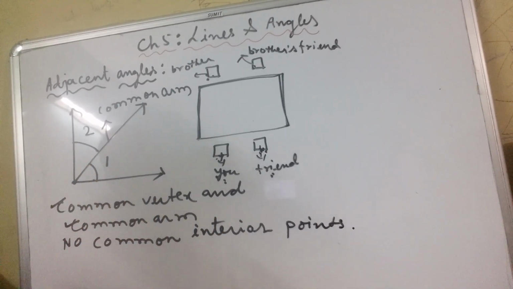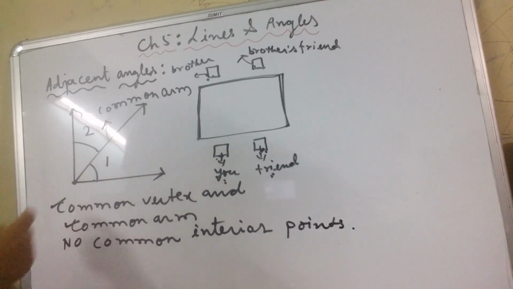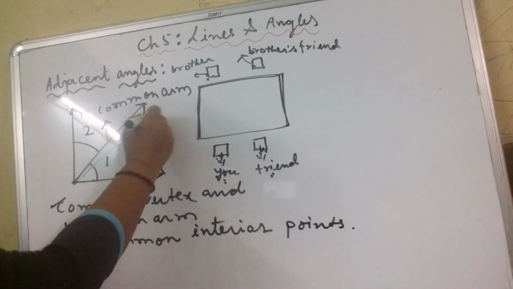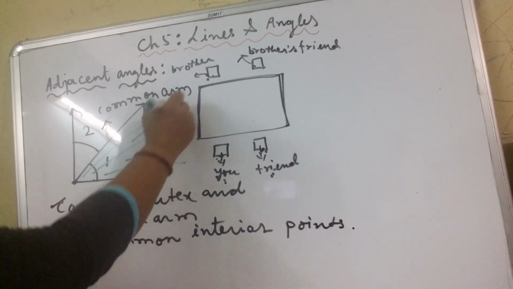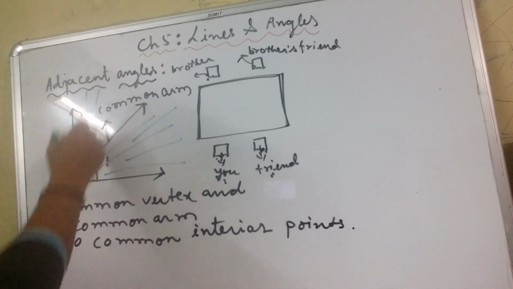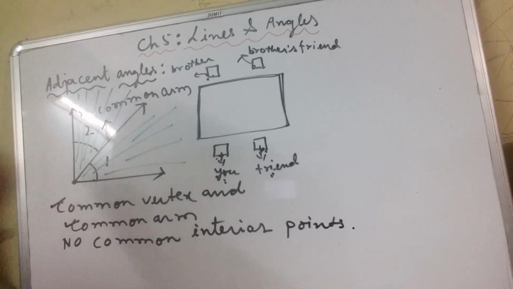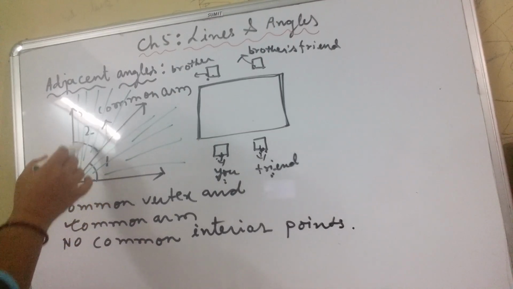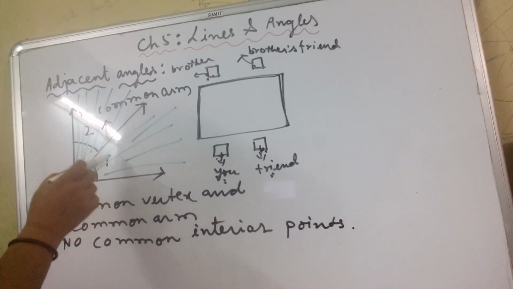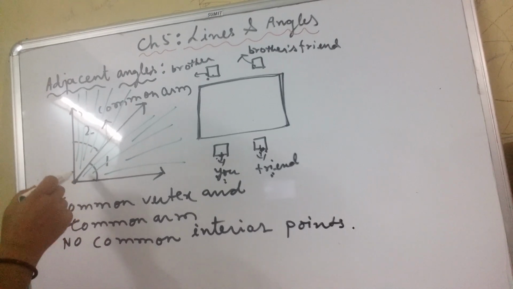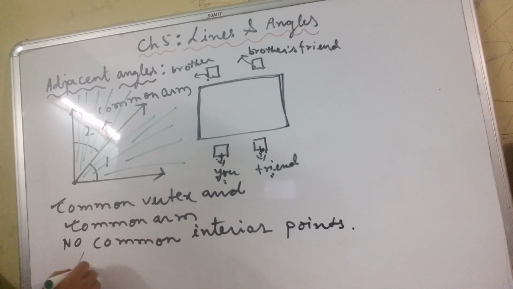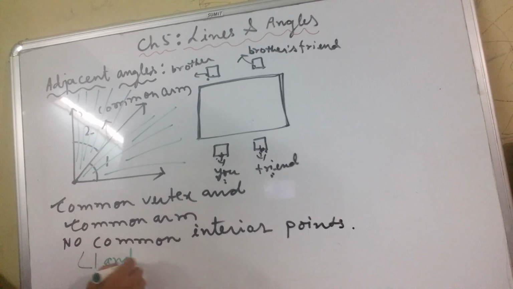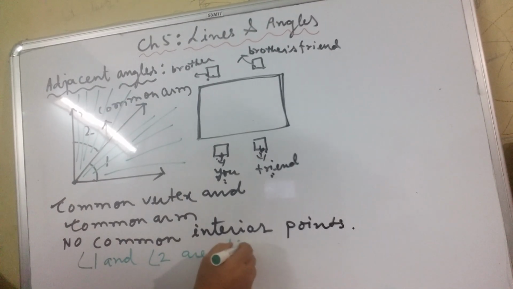The interior of angle 1 is this, and the interior of angle 2 is this, so you can see clearly that there is no common interior point. So we can say angle 1 and angle 2 are adjacent.